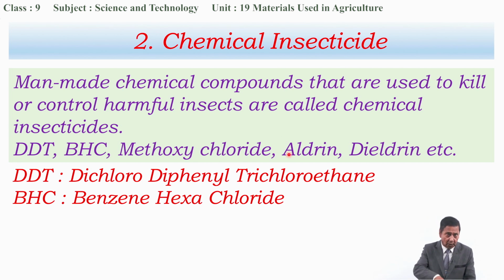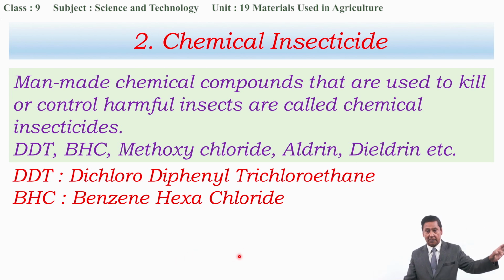The roots of crops absorb them and they reach the grain, and when we eat those grains or other crops, this DDT and BHC comes into our body and produces different harmful effects. Because this is poison, these two, which are not biodegradable, are nowadays banned in Nepal.